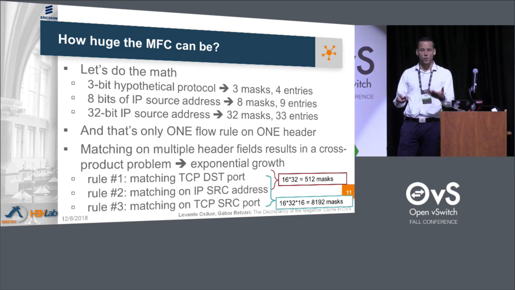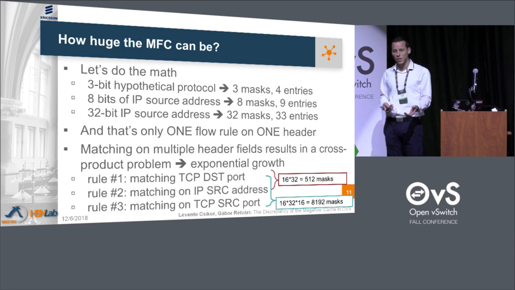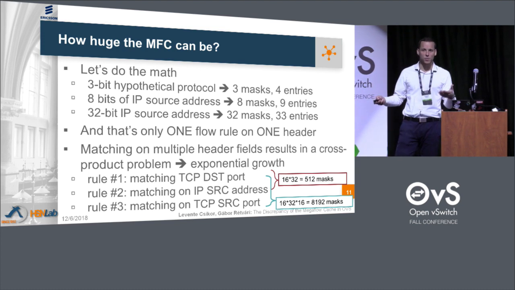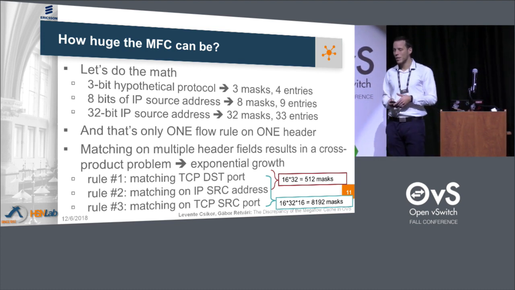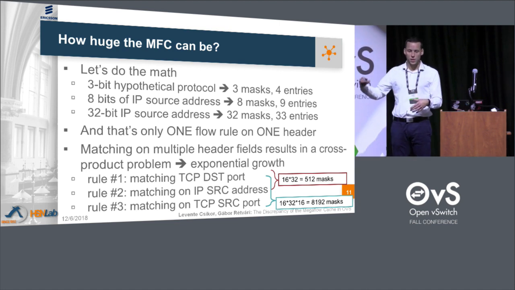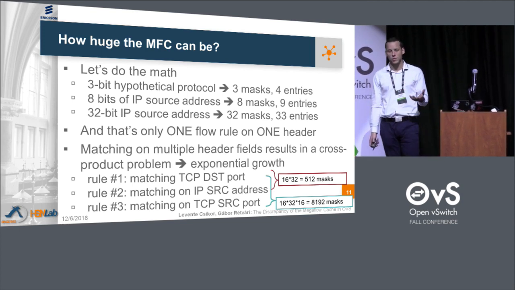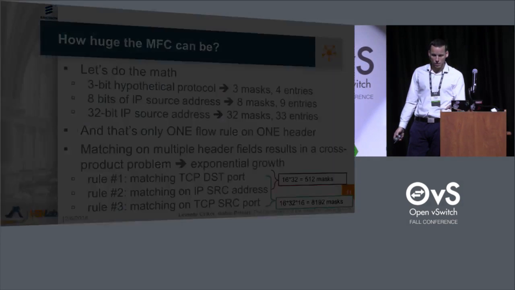If I also add a new flow rule matching on the IP source address, which has 32 bits, then with the right packet sequence from Santa's packet crafter, I can reach more than 500 entries. So even with 3 flow rules on 3 different header fields, I can achieve thousands of Megaflow cache entries.